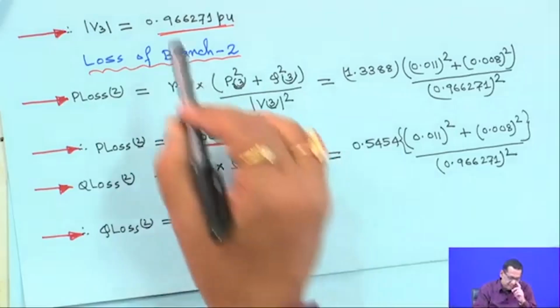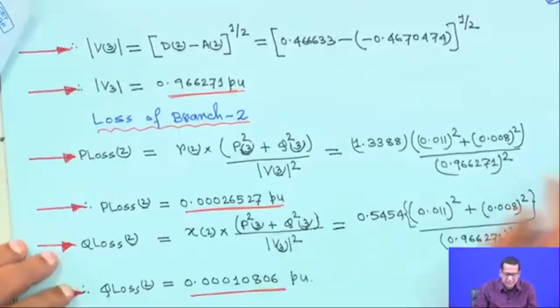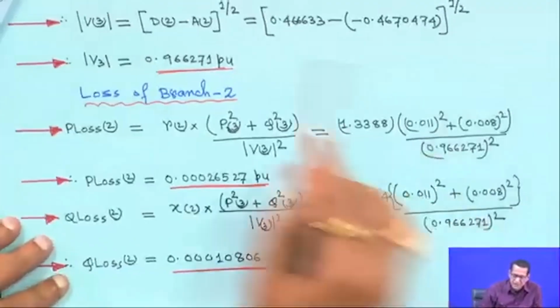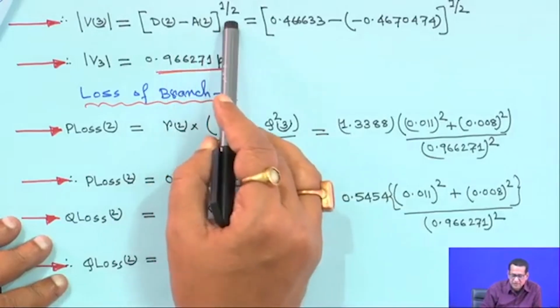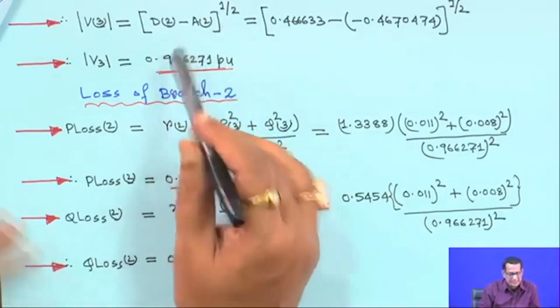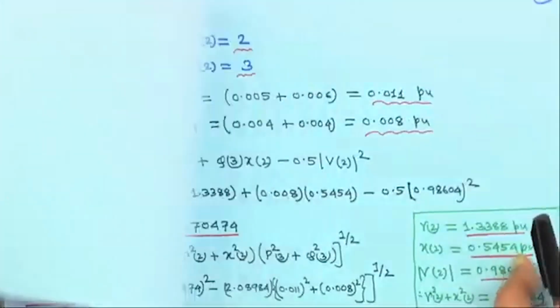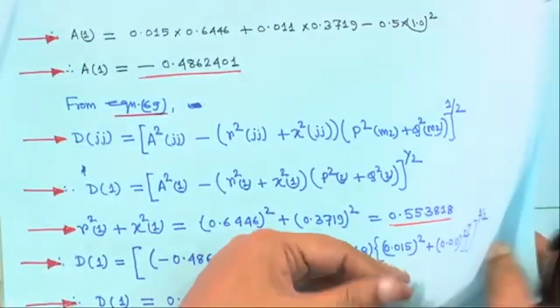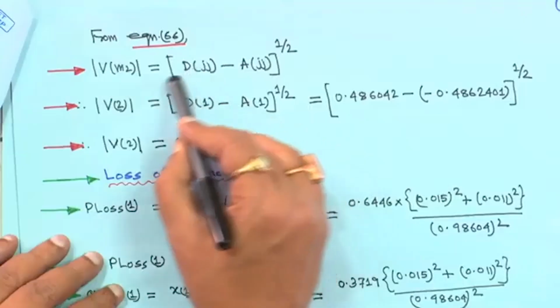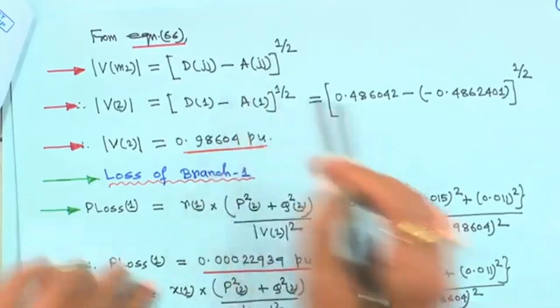Then magnitude of V3 will be D2 minus A2 to the power half. Again from this voltage equation, whatever we have computed, I think it is equation 66, it is coming from this equation.